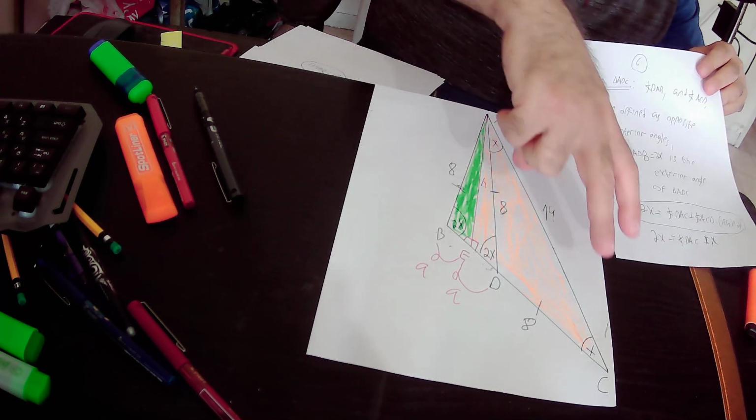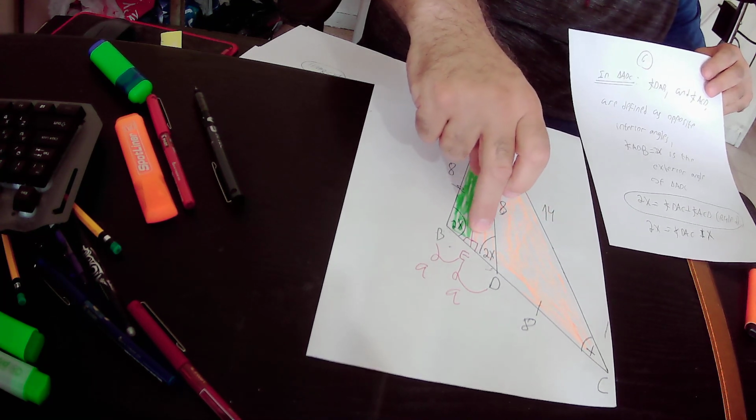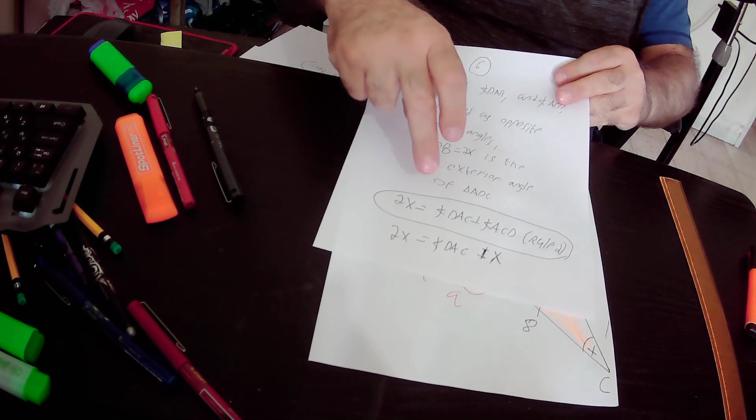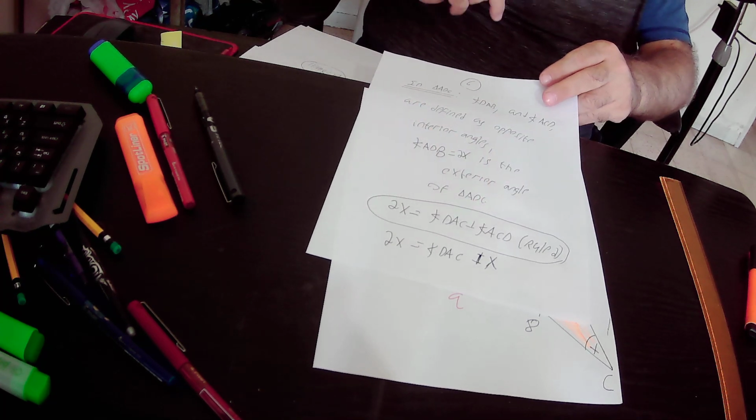Those two angles are opposite interior angles, so the exterior angle 2x equals the sum of those two angles, that is to say 2x equals angle DAC plus angle ACD.